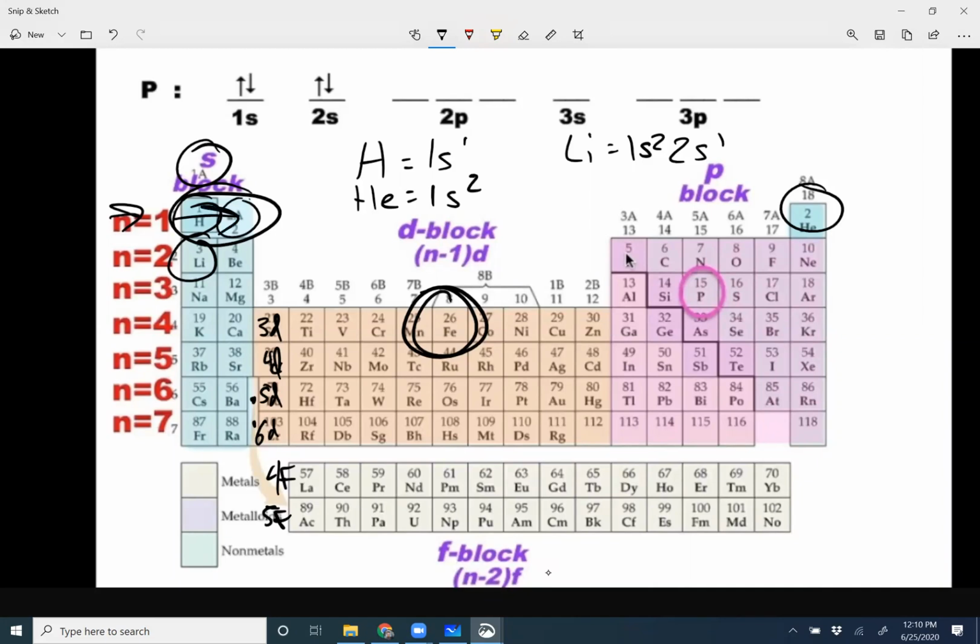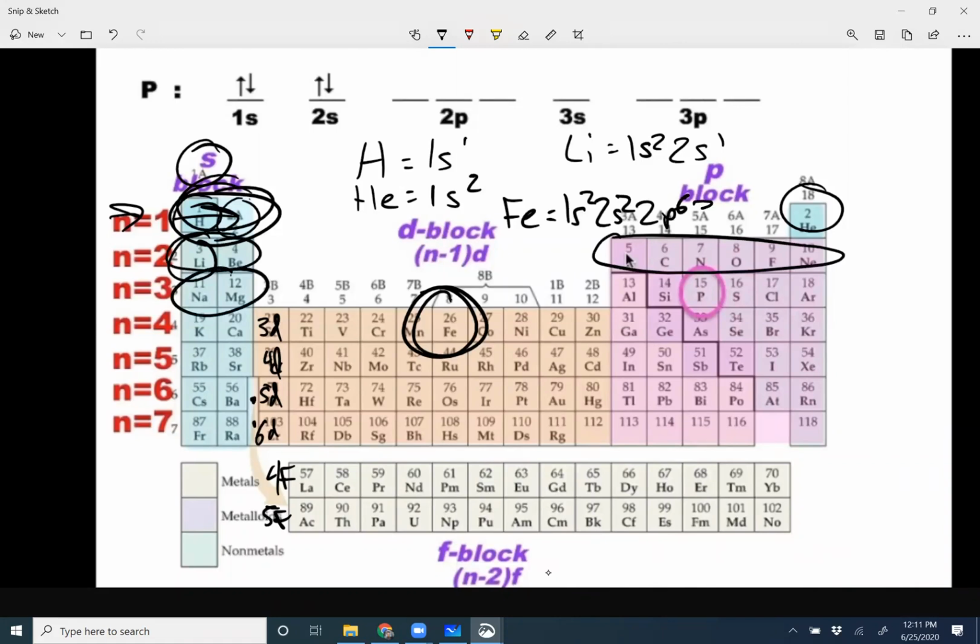If we're doing iron here, we can say 1s and we go twice, so 1s2. And then we can do 2s twice, so 2s2. Then we can do 2p 6 times, 2p6. Then we can do 3s2. Then we can do 3p6.